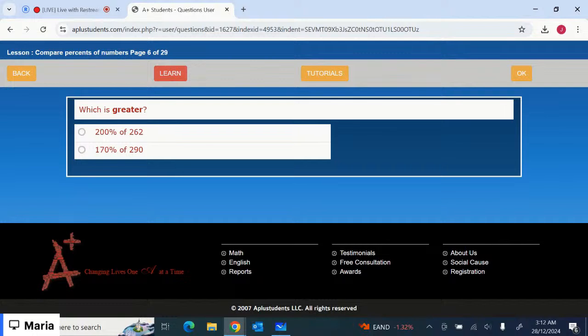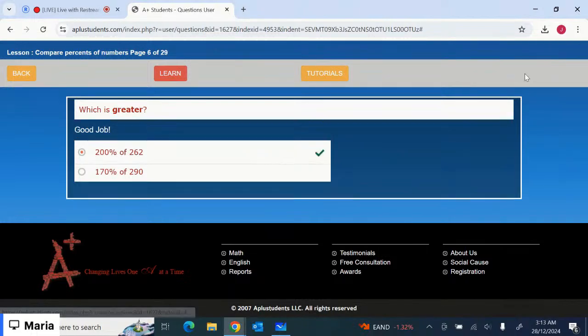The correct option is option number 1, that is 200% of 262 is greater than 170% of 290.